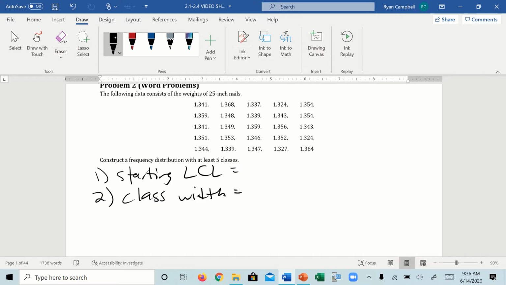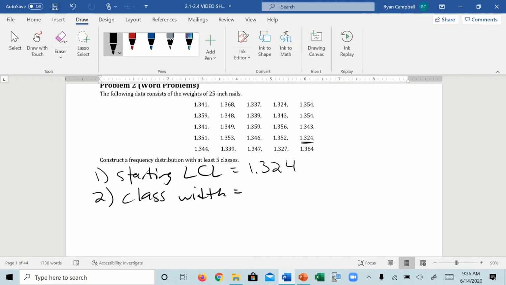So if we had a starting lower class limit, first of all, we need to see what is our smallest number. So smallest number, maybe it's the 1.324, 2724. Yeah, okay, so that one's the smallest. So we could start with 1.324.